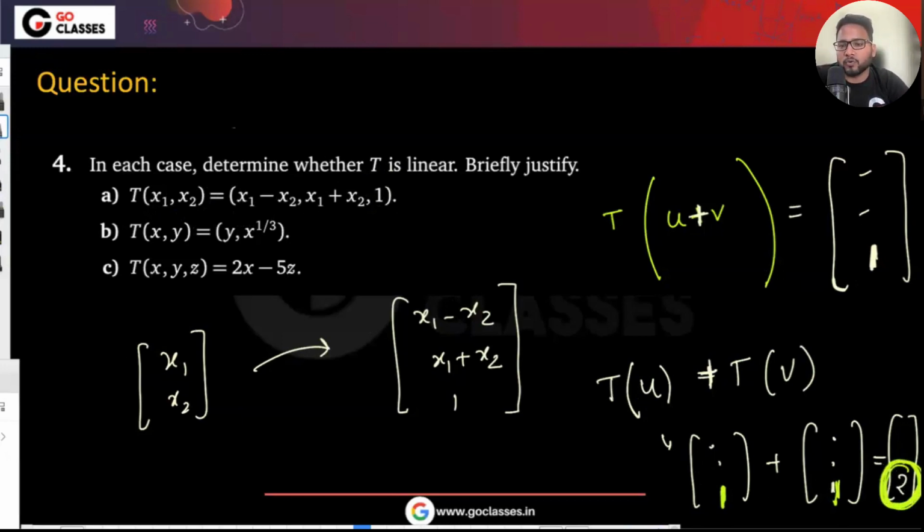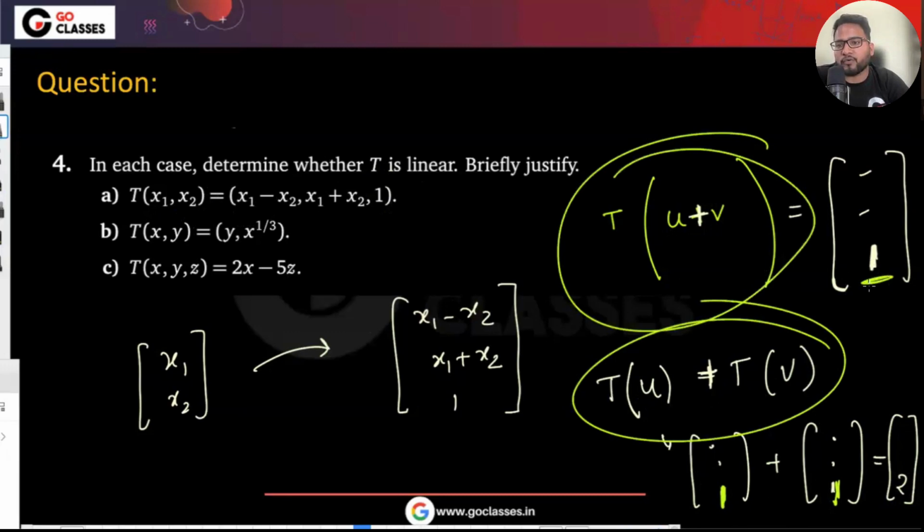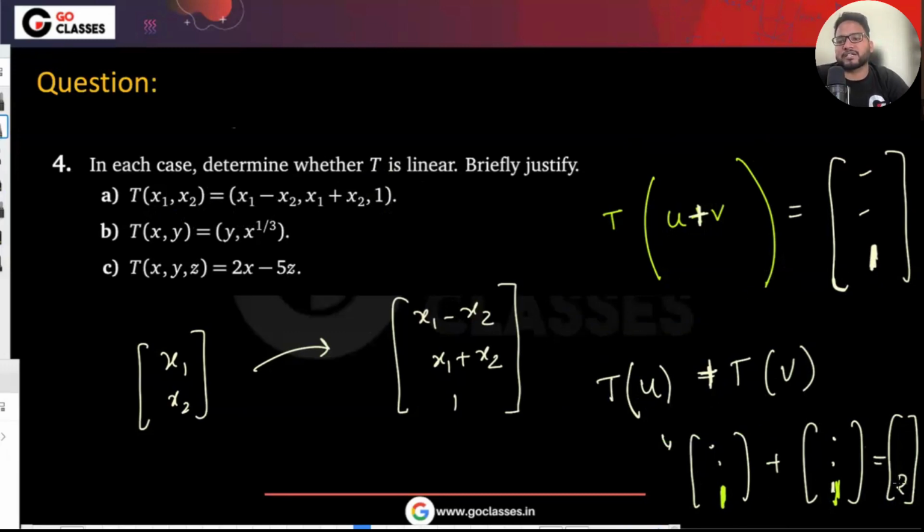But if these two have to be the same, then I'm looking for 1. So you can't get 1 after the addition; you will be getting 2. That is why this is not a linear transformation. Is this okay to everyone? Let me know.